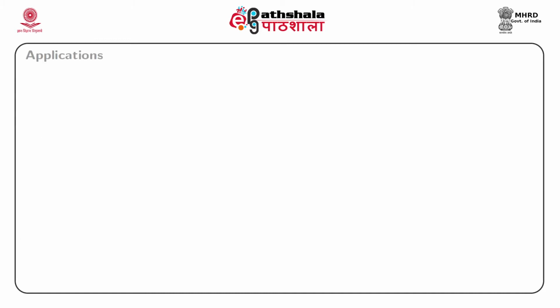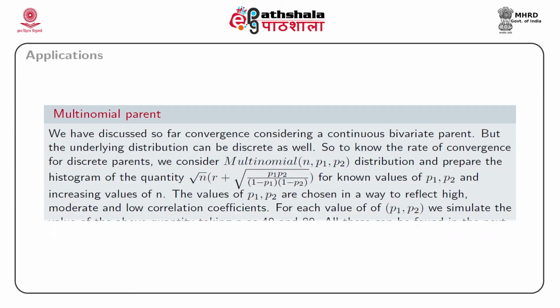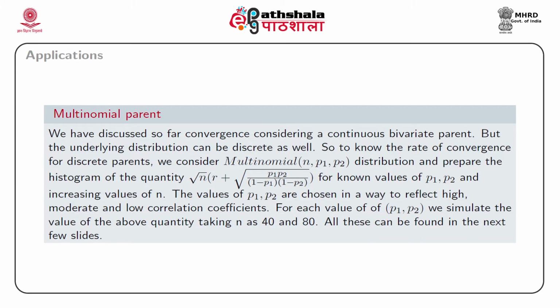Next, we consider a discrete parent, that is, a multinomial distribution. We have discussed so far convergence considering a continuous bivariate parent, but the underlying distribution can be discrete as well. To know the rate of convergence for such parents, we consider a multinomial distribution with parameters n, p1 and p2, and prepare a histogram of the quantity square root of n times r plus square root of p1 p2 divided by (1 minus p1)(1 minus p2), for known values of p1, p2 and increasing values of n.